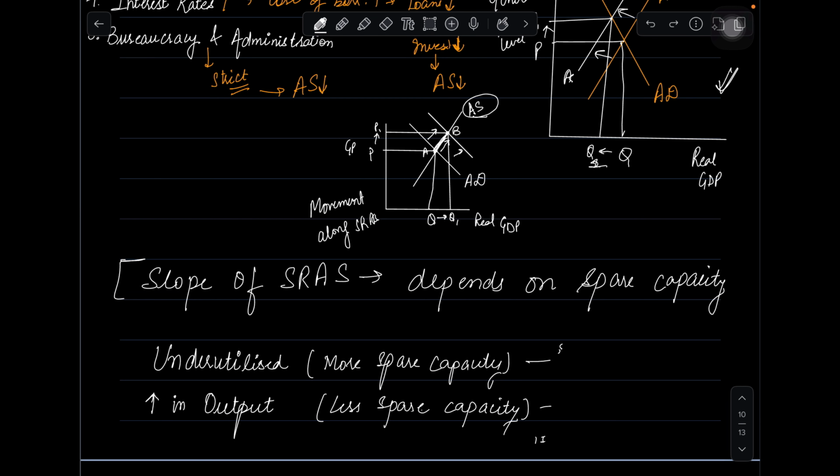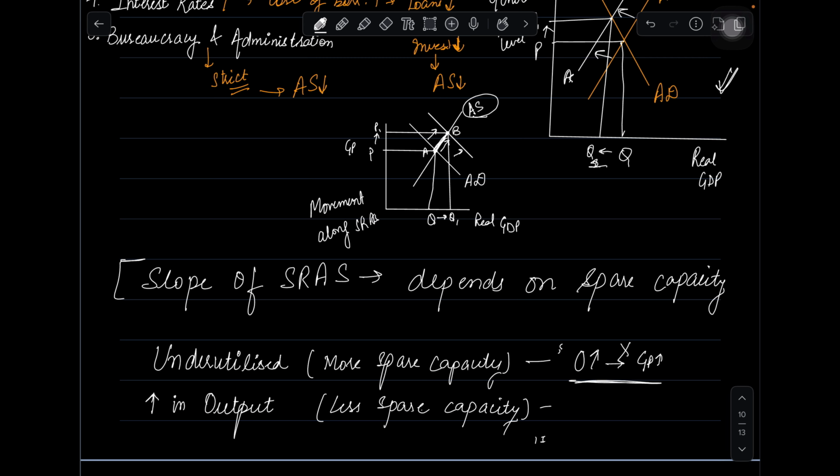Now the slope of SRAS depends on the spare capacity, how much capacity is not utilized yet. If there is spare capacity, that means it is underutilized, we can increase the output without increasing the general price.